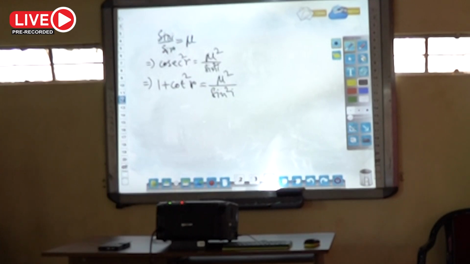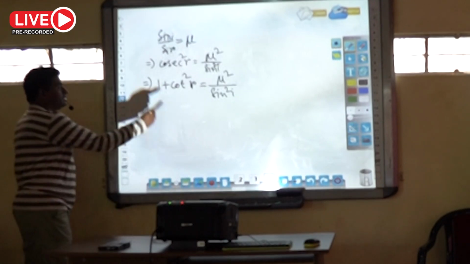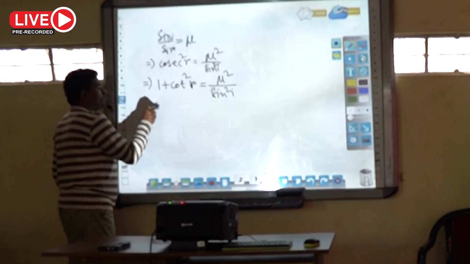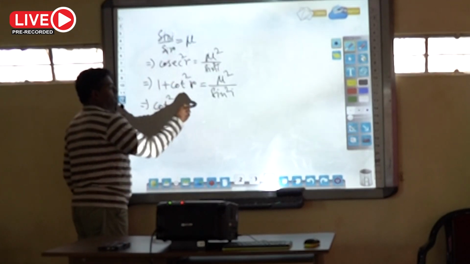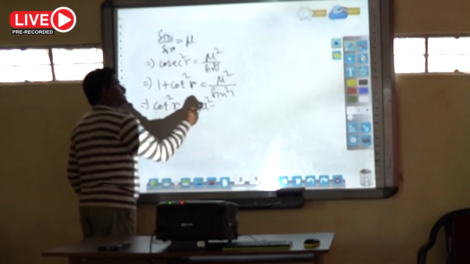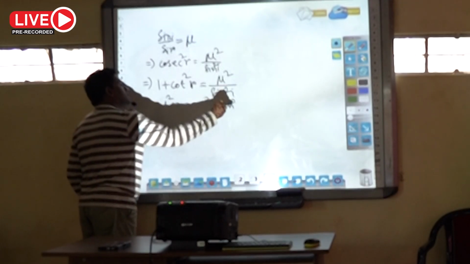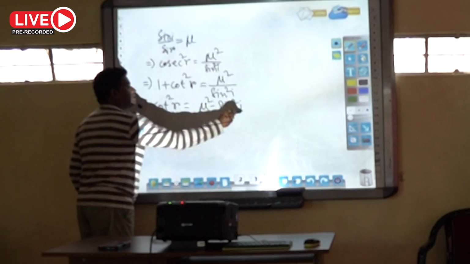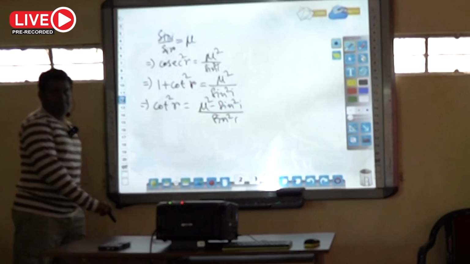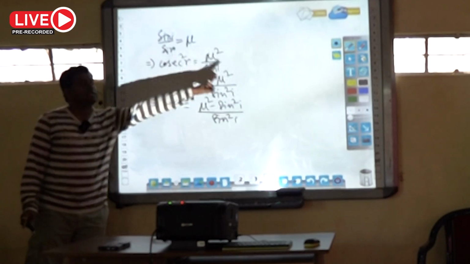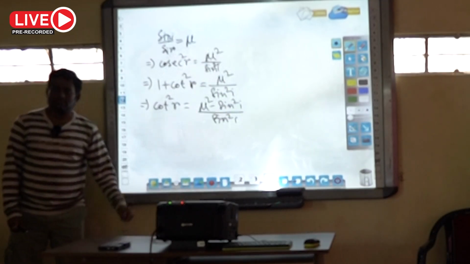One plus cot square r. Then cot square r equal to mu square minus sin square I divided by sin square I. I take this minus 1 to that side and subtract.